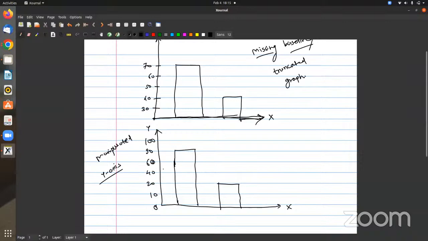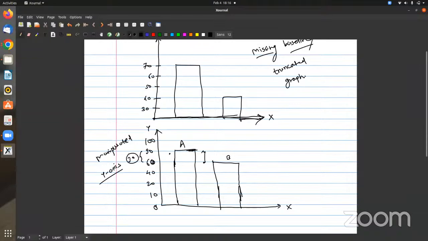Why are we saying this is a manipulated axis, and what error can it cause? Visually, it looks like there is not much gap between, let's say, A and B. But actually there is a gap of 30, right?